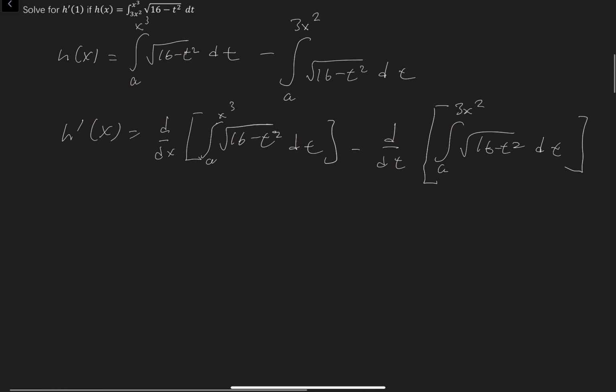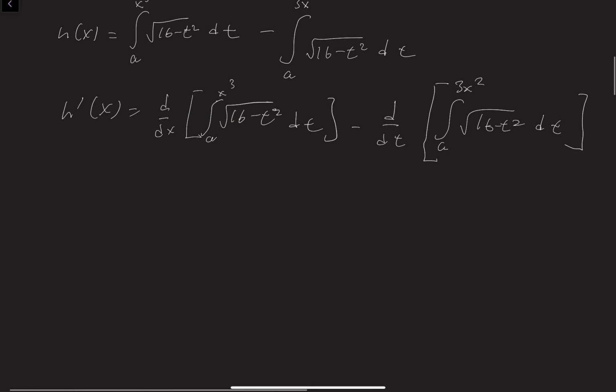So now we can evaluate this. We can substitute x cubed first. So that's square root of 16 minus x to the 6. Don't forget our chain rule.